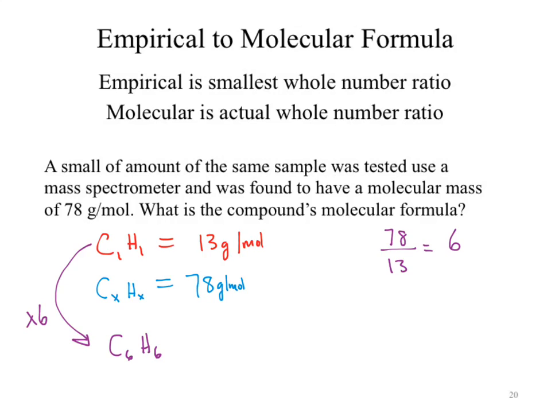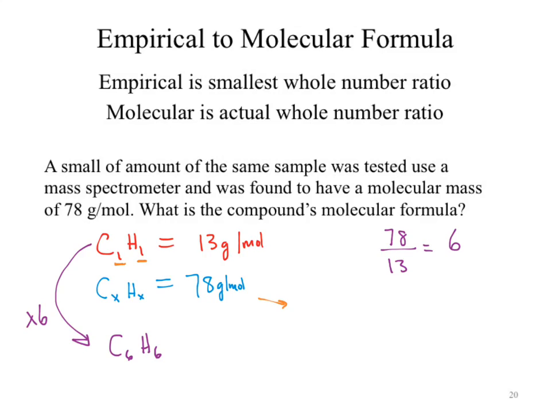How else could you solve this? Take the molecular mass and 12x plus 1x equals 78. Figure out that. Oh, that's a good call. I didn't even consider that one. So from our empirical formula, we know that x has to be the same in both cases, because it's 1 and 1.